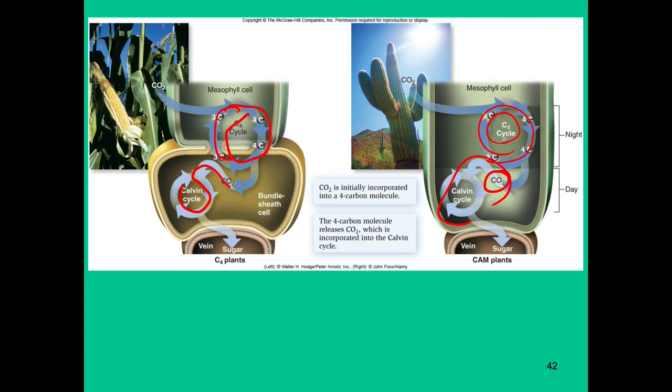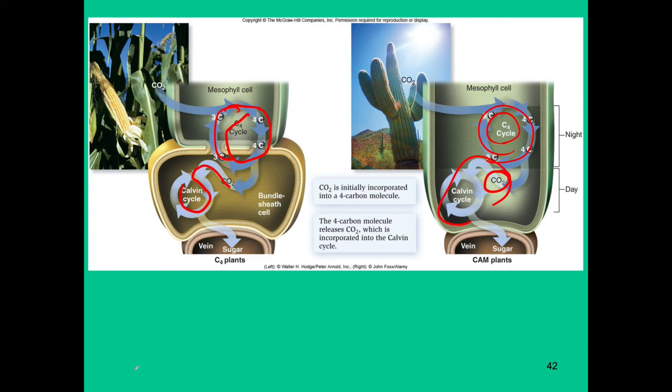In the C4 cycle, they're making oxaloacetate, and oxaloacetate is used to store CO2. So we have a C4 cycle in both of these processes. In one of them, the C4 cycle is occurring in different tissue. In the other, the C4 cycle is occurring at a different time.